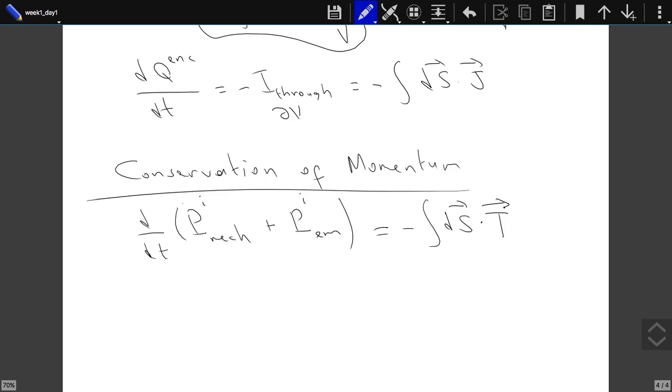You see, the x component of momentum in general will be independent of the y component and the z component. So for the x component, I should get one T. For the y component, I should get another T. For the z component, I should get another T. So that vector T should also have an x, y, z.